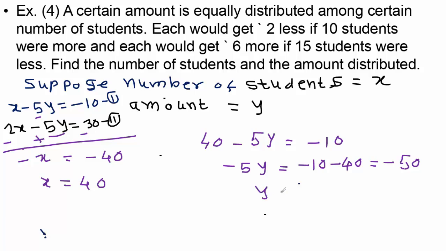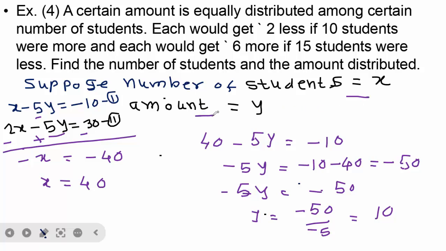If I divide this by minus 5, I will get y equal to minus 50 divided by minus 5 equal to 10. Therefore, the number of students are 40 and we have to distribute 10 rupees to each student.